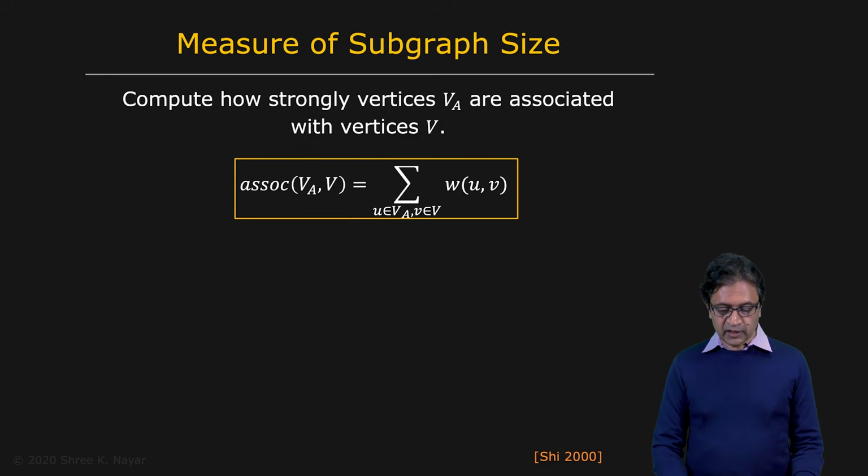One way to do that is by seeing how strongly the vertices of the subgraph VA are associated with the larger graph V. We call that the association between VA and V, and that's just the sum of the weights between the subgraph and the larger graph.